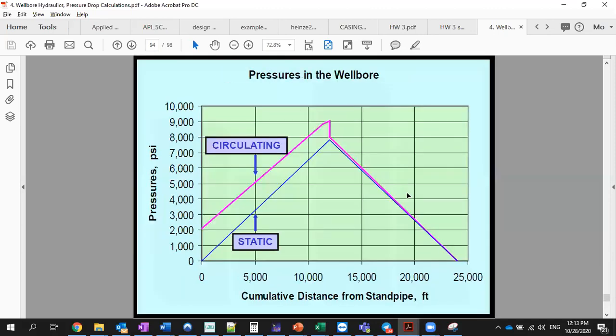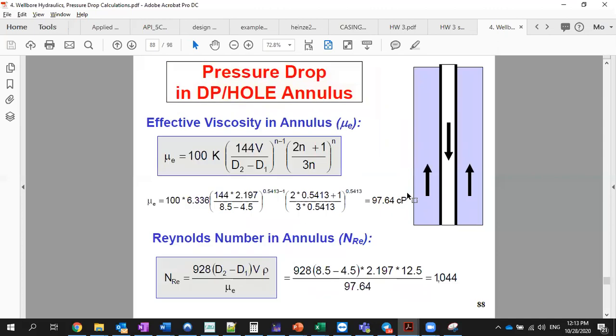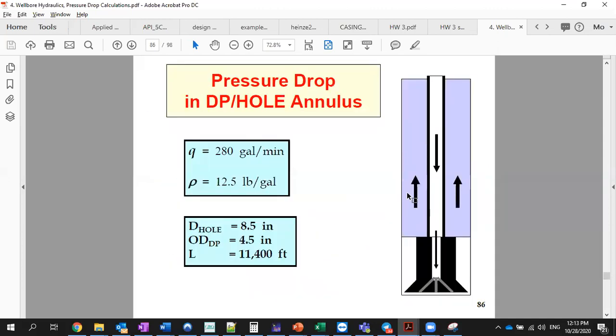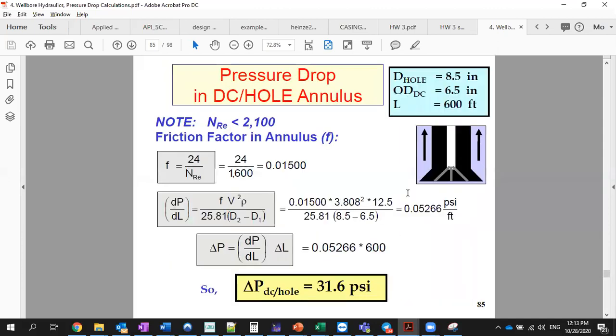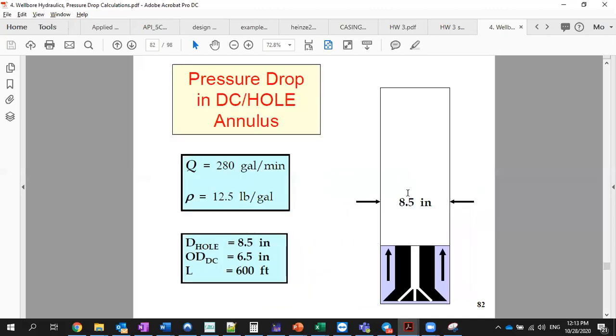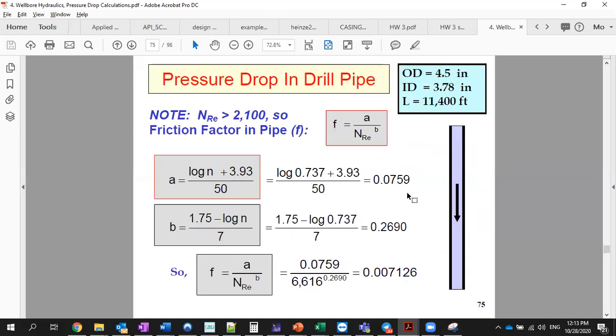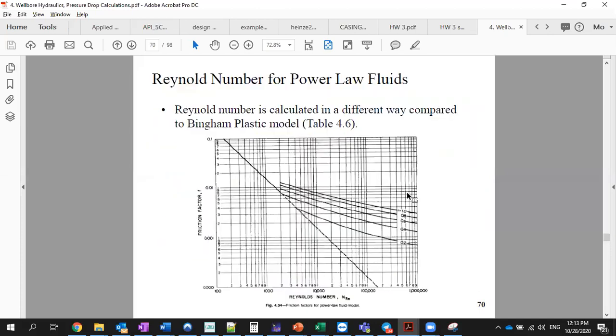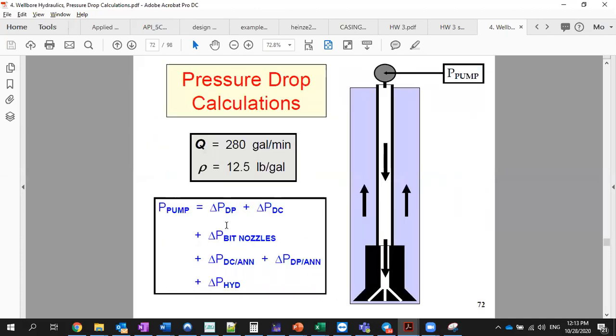Well, examples here for annulus, for your drill string system, right? And another thing that we did calculate was the pump pressure. Pump pressure is basically, I think the equation is here. The pump pressure is the summation of all pressure losses within your system, right? Plus any hydrostatic pressure change.